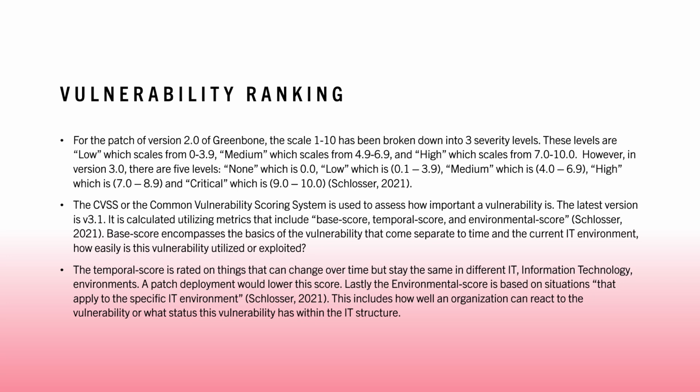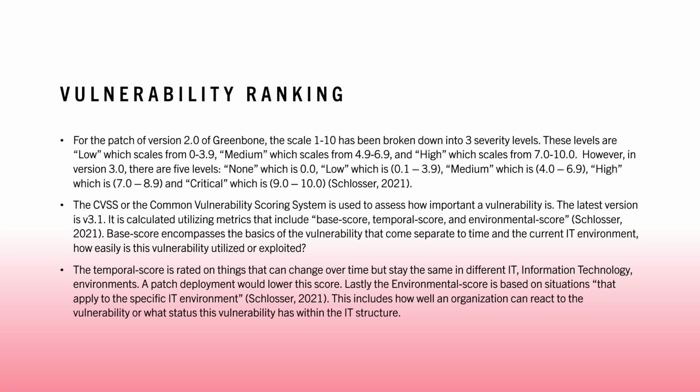Vulnerability ranking. For the patch of version 2.0 of Greenbone, the scale 1 through 10 has been broken down into 3 severity levels. These levels are low, which scales from 0 to 3.9, medium, which scales from 4.0 to 6.9, and high, which scales from 7.0 to 10.